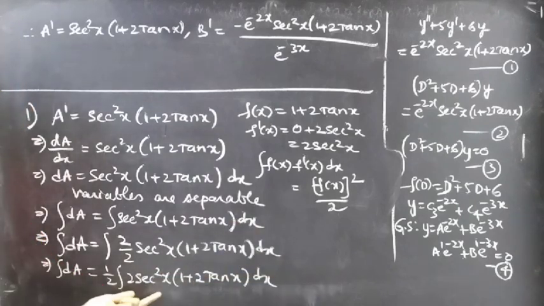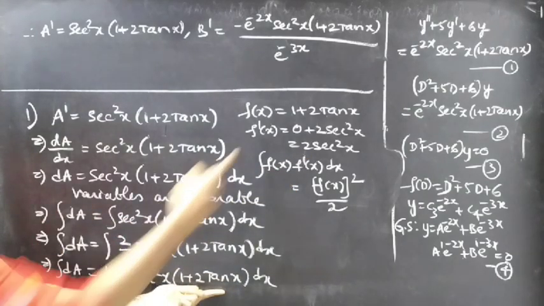Now we have exactly f dash of x, which is 2 secant square x, into f of x, 1 plus 2 tan x.